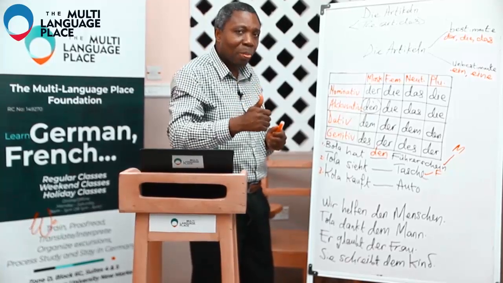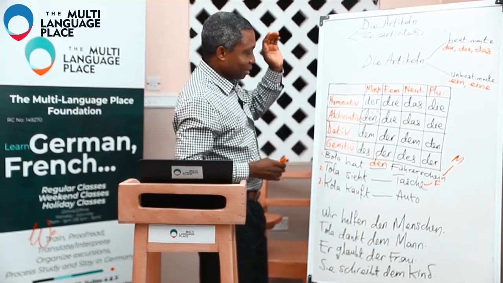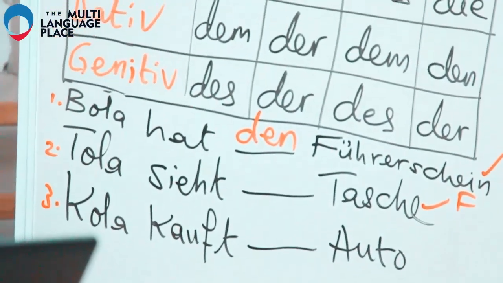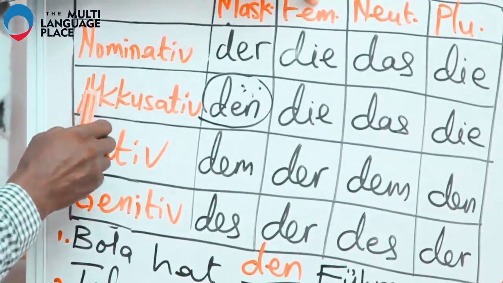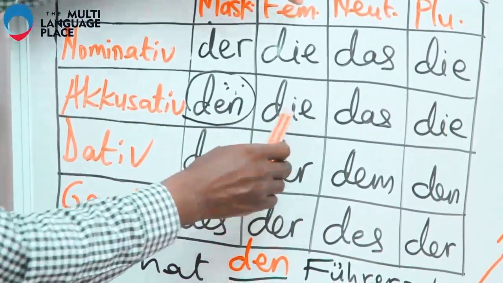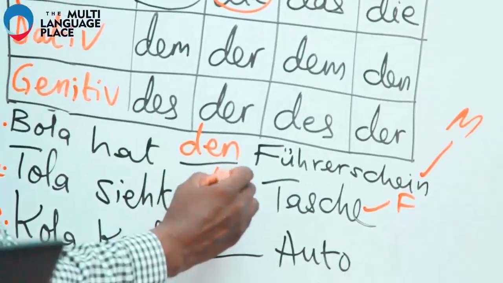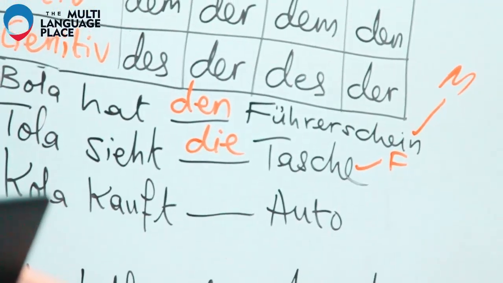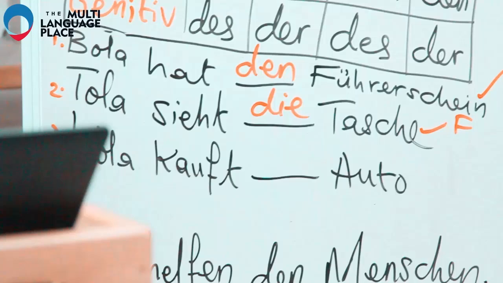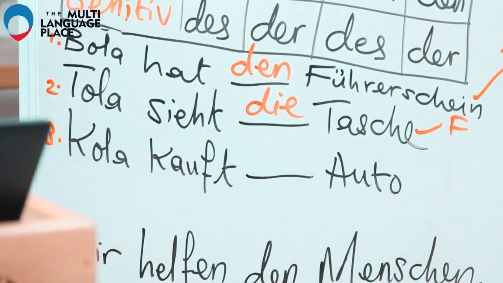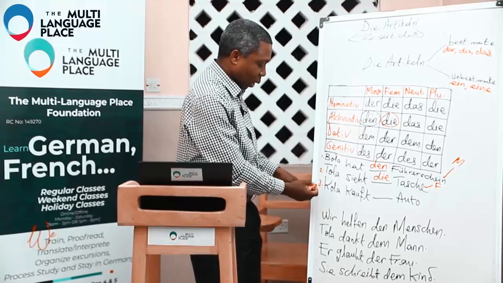We look for feminine, singular, accusative in our table. So we have it here. So we bring the die down here. That makes it a correct German sentence. Tola sieht die Tasche. Tola sees the bag. Then we'll come to the third one.